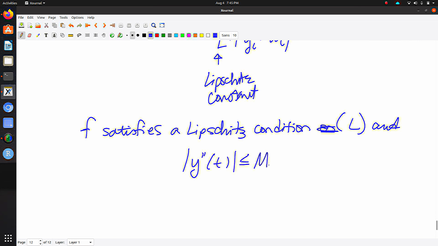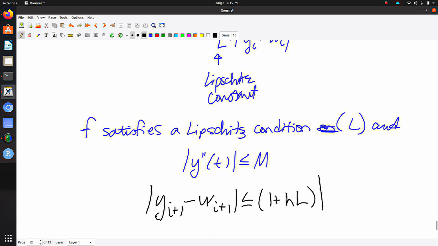The second derivative has to be bounded by something. We're just going to give it the letter M. So the previous thing we just had is going to get rewritten. So our error, this new error, is less than or equal to 1 plus h times L times the old error, and then this new piece, h squared M over 2.